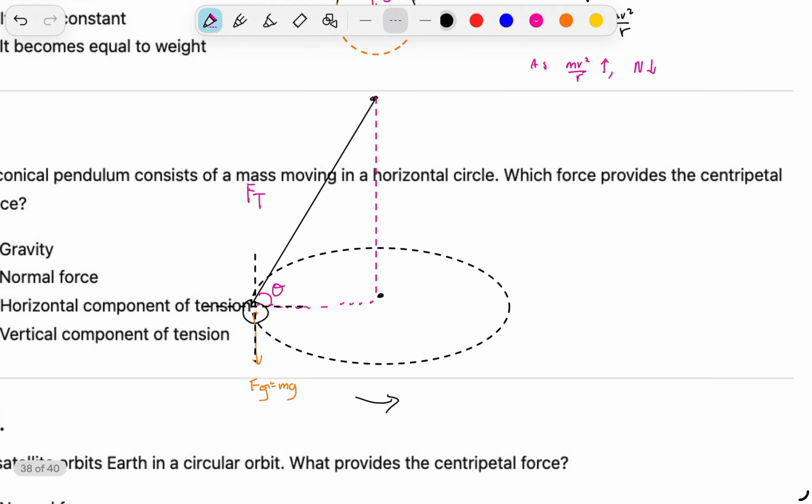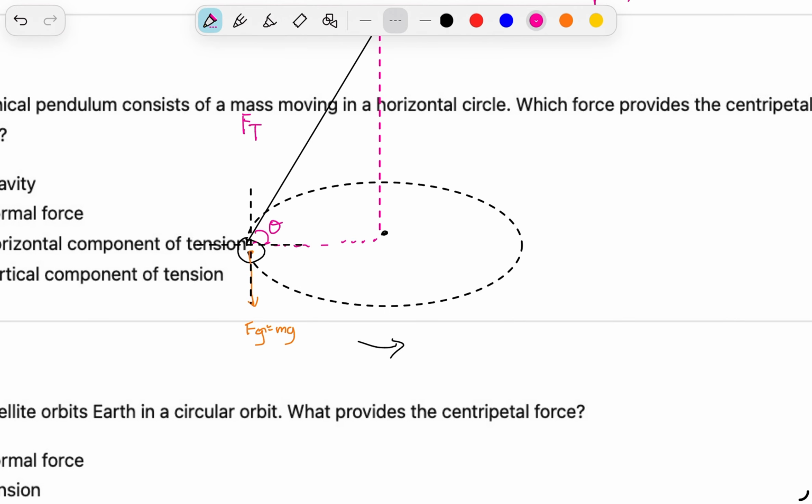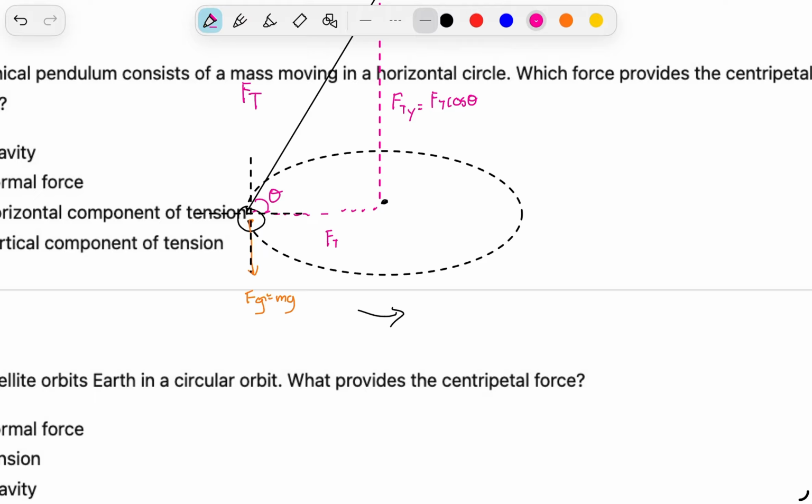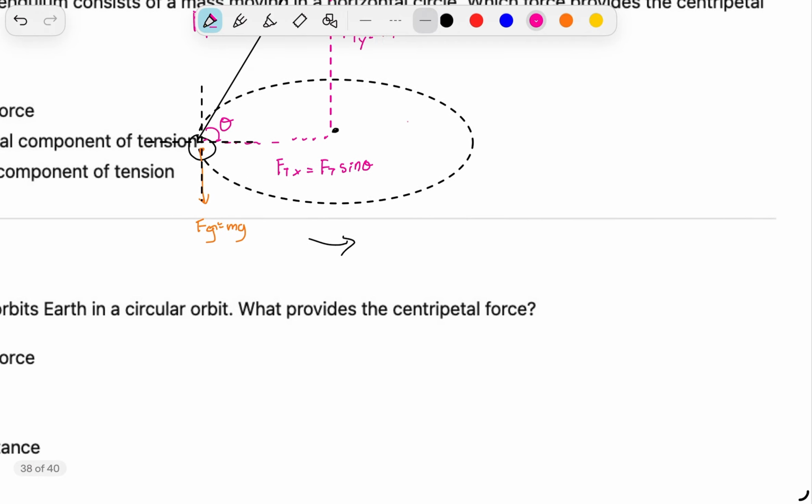But Ft is at an angle, so you have to break that into components. Acting up, you have your force Ty, which is equal to your force of tension times cosine of theta. And in the horizontal direction, you have Ftx, which is equal to Ft sine of theta. And that's going to be toward the center.